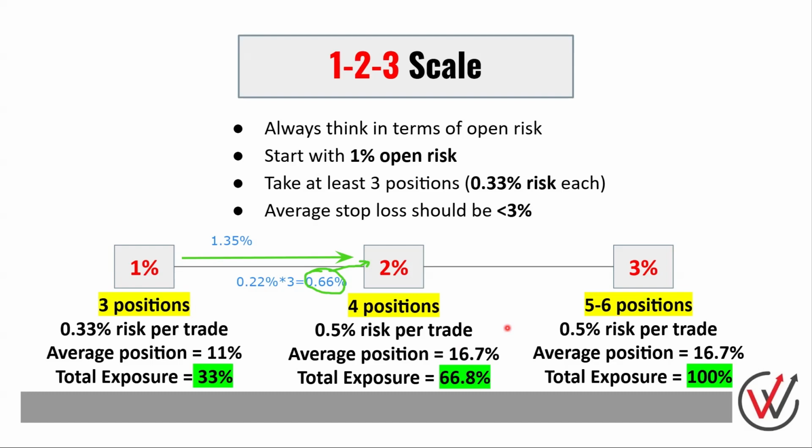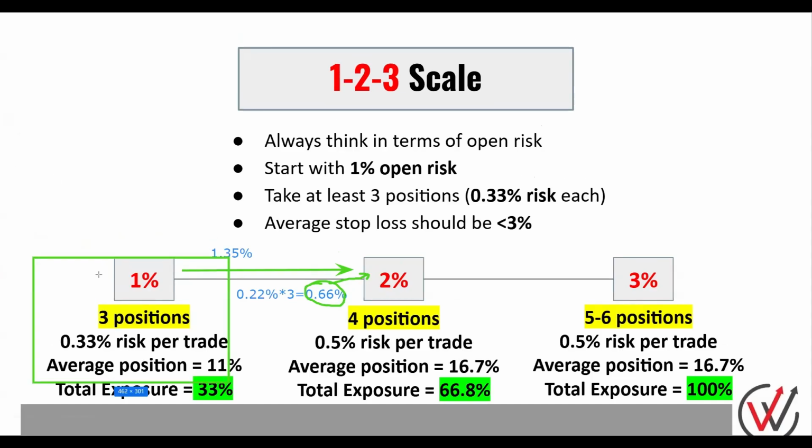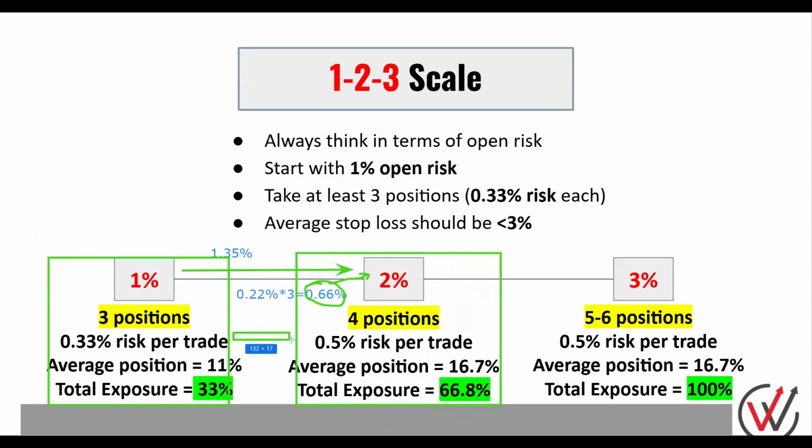I would advise you that you don't start to sell at 8% when you have an open risk of 2%. You only do that when you're starting out. When you reach 2%, you'll already have ample feedback and a good cushion, so why sell a good position early?